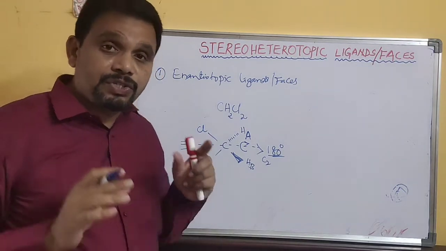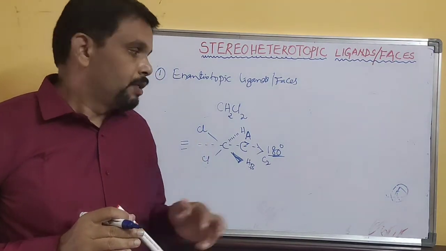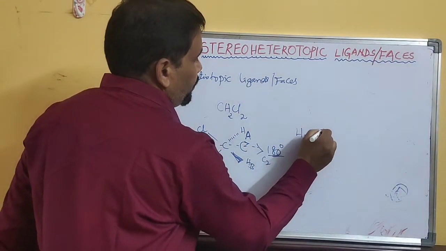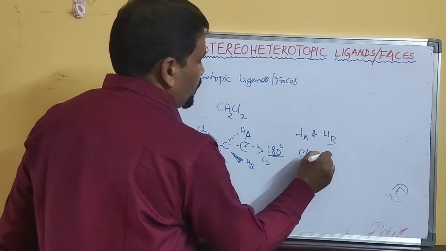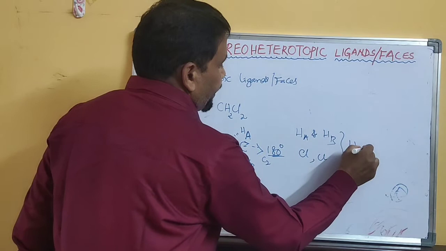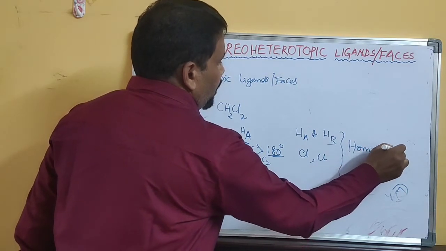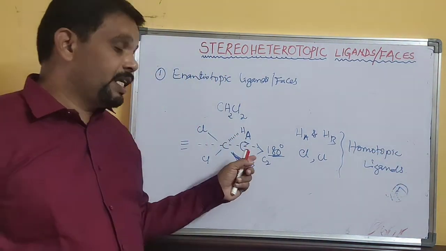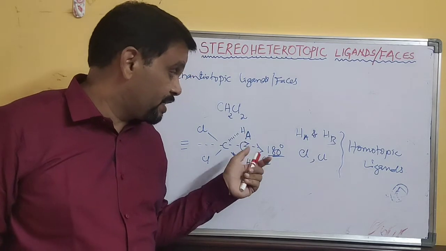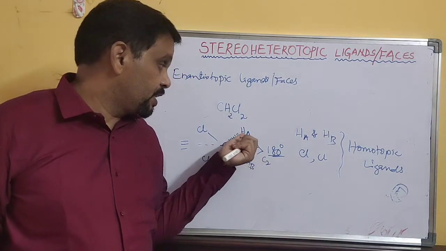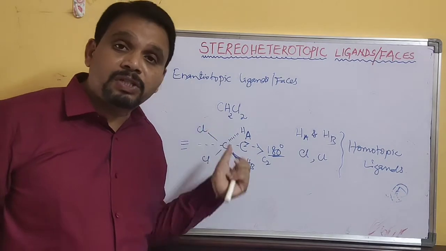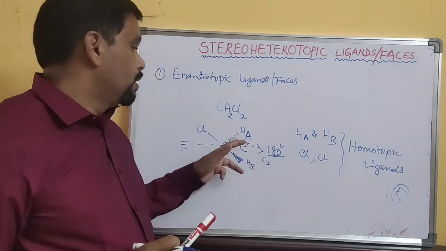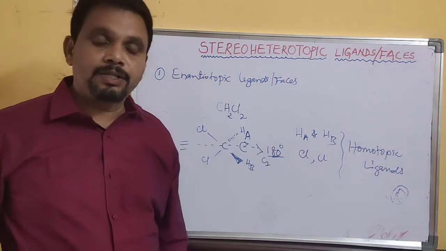So, as I said in the definition, Ha and Hb and these two Cls belong to homotopic ligands, because of the C2 axis of symmetry. With the C2 axis of symmetry, those atoms or groups are interchangeable. Therefore, they can be considered as homotopic ligands.